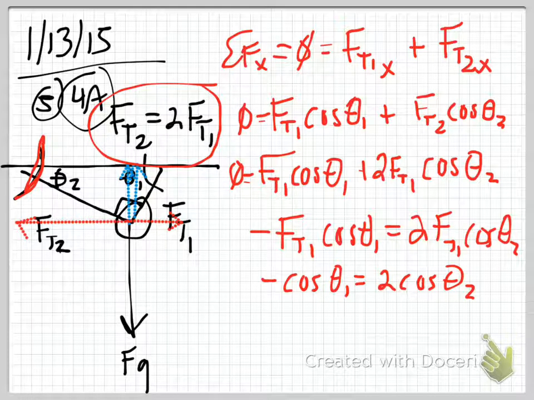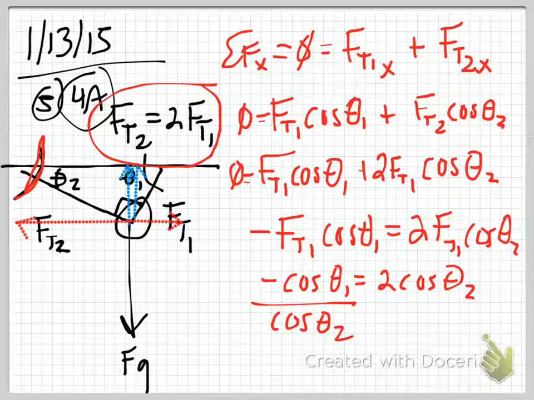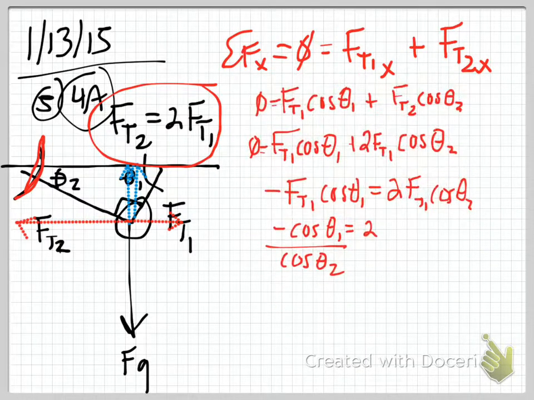So, okay, now if we divide both sides by the cosine of theta 2, we have this relationship. From here, we can get our angles. Let me shrink this.